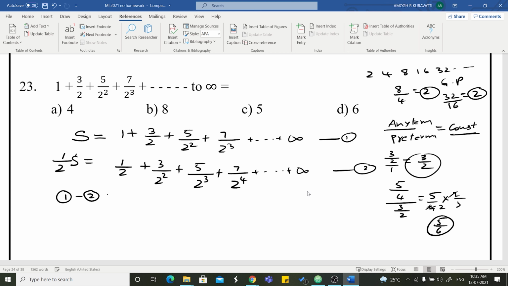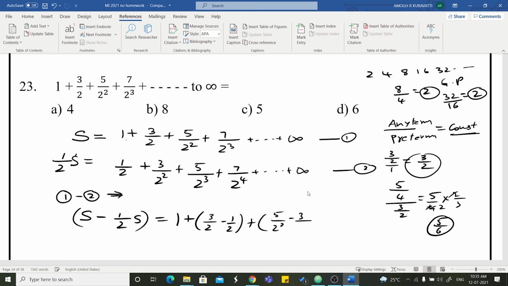To convert given data in GP, equation 1 minus 2 gives S minus 1 by 2 S is equal to first number written as it is, 1, plus second number 3 by 2 minus 1 by 2, plus next number 5 by 2 square minus 3 by 2 square, plus and so on to infinity.